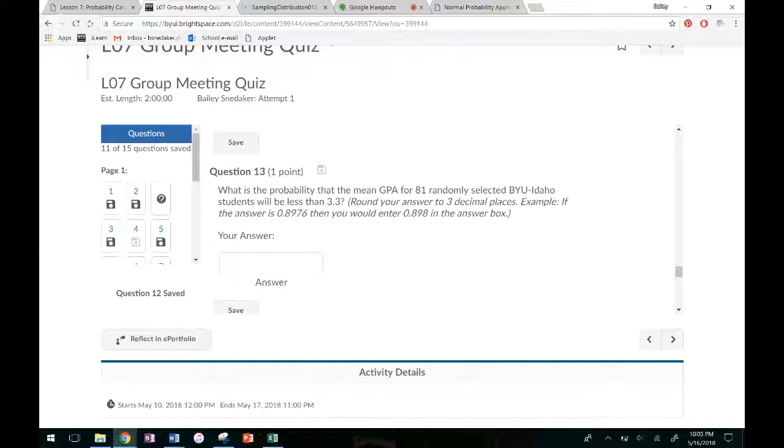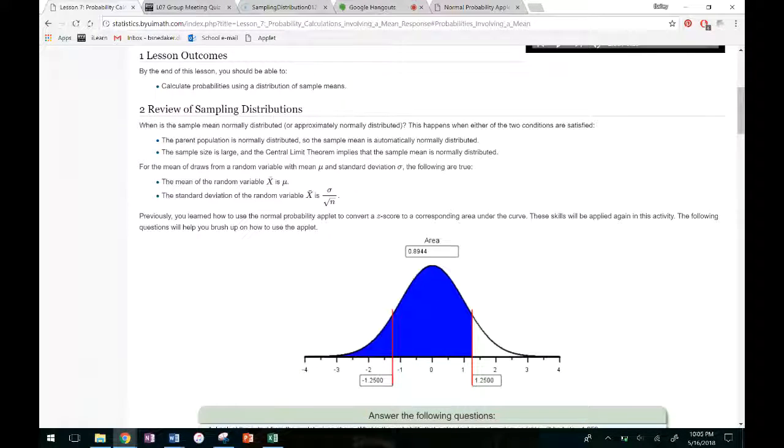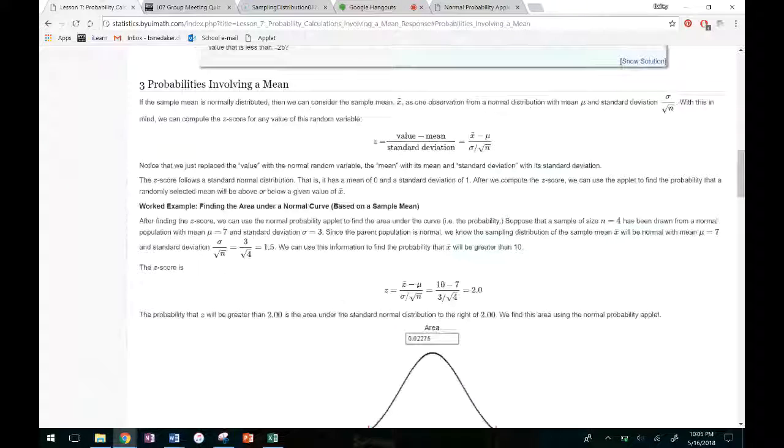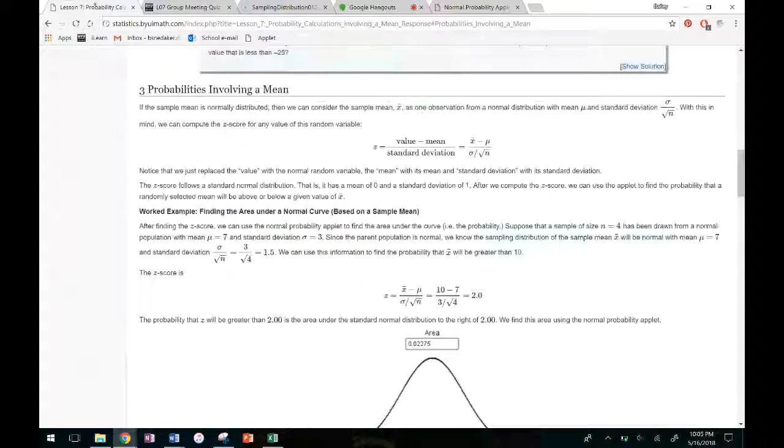Does that make sense? But we're solving for the probability, so maybe you're right. So are we solving for the z-score, or are we solving for something else? We're solving for the probability. So it's pretty much finding the z-score.